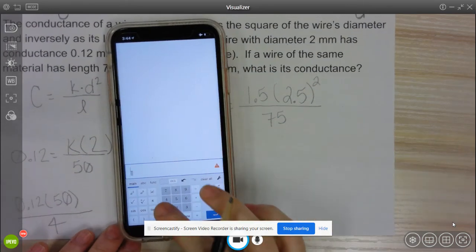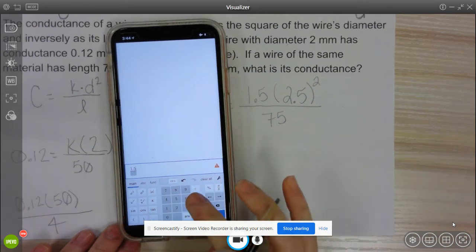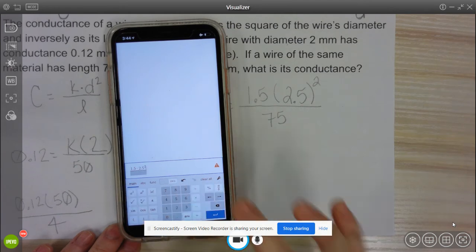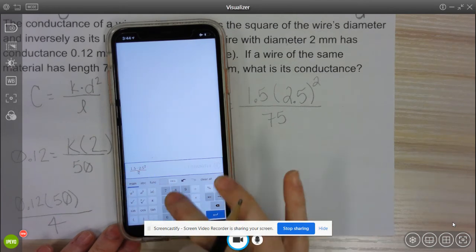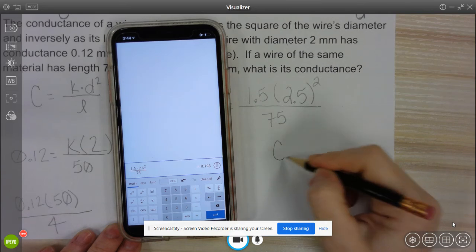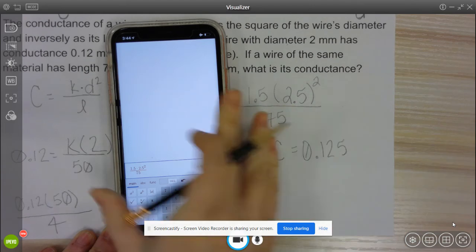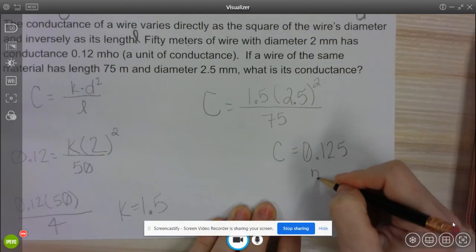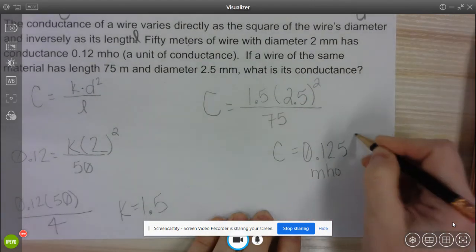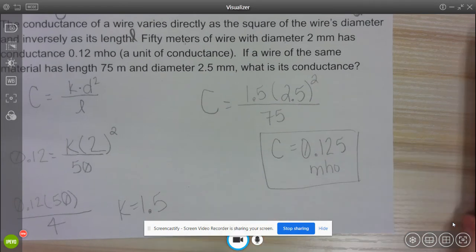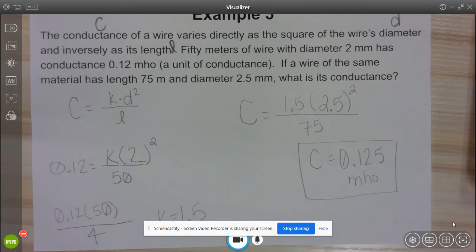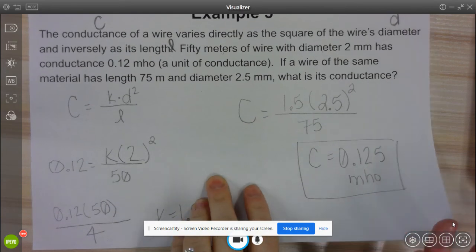So I've got 1.5 times 2.5 squared divided by 75. So the conductance here would be 0.125, and the units. All right. So not that much different than the last one, just the fraction got flipped around a little bit, but very similar again.